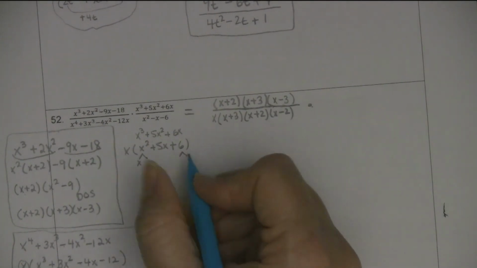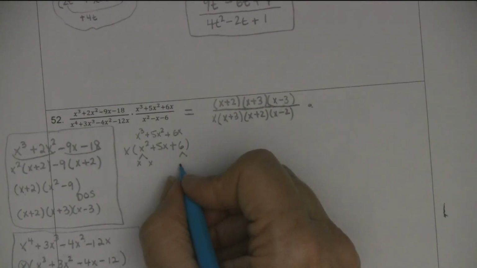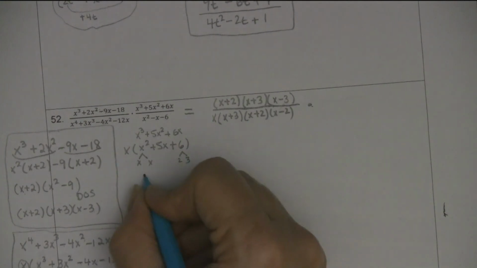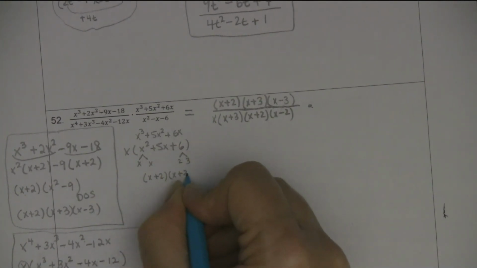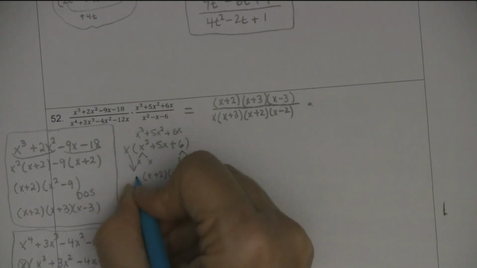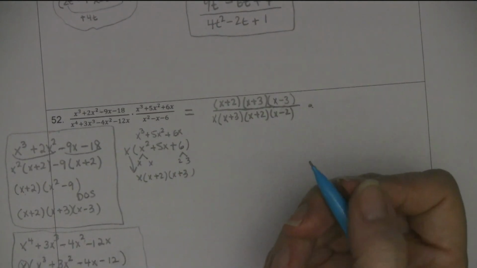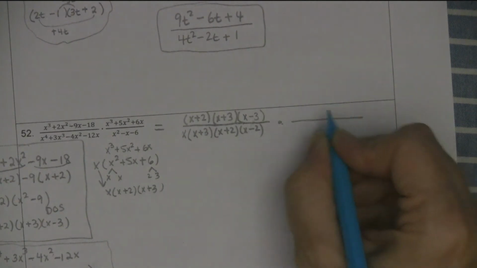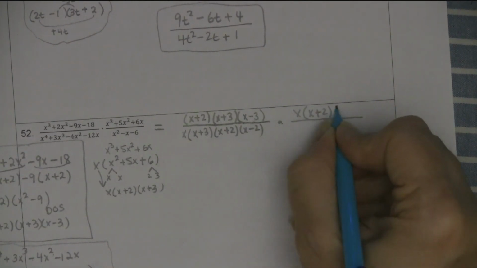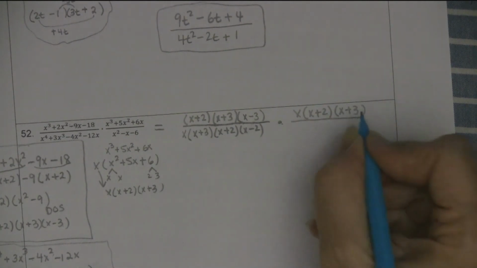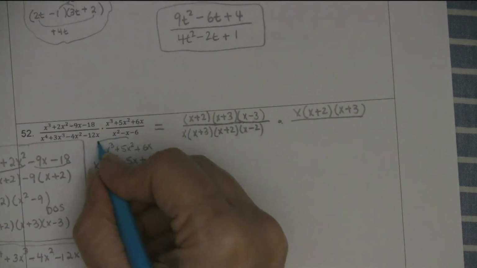This is not 1 and 6, because that makes 7. This is 2 and 3. Both are positive, x plus 2, x plus 3, and don't forget the x. So that factored pretty nicely. It's going to go right here: x times x plus 2 times x plus 3. And then I'm done with this.